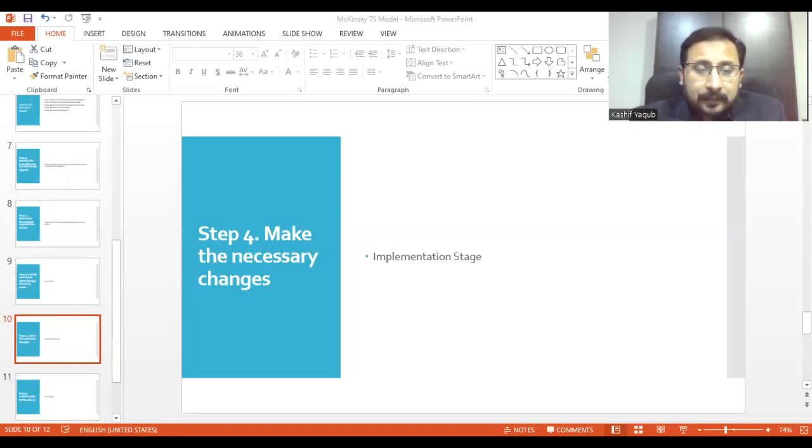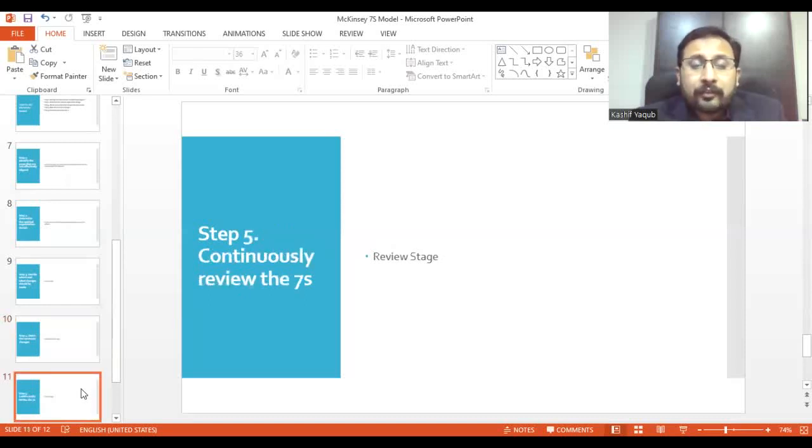Number five is continuously review the 7S. Let me recall what the 7 elements were: strategy, structure, systems, skills, staff, style, and values. The elements are dynamic and change constantly, right?